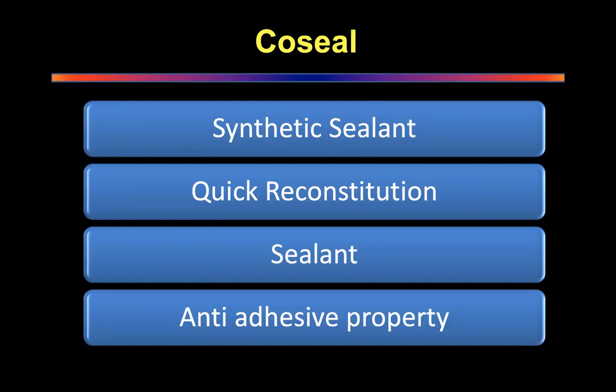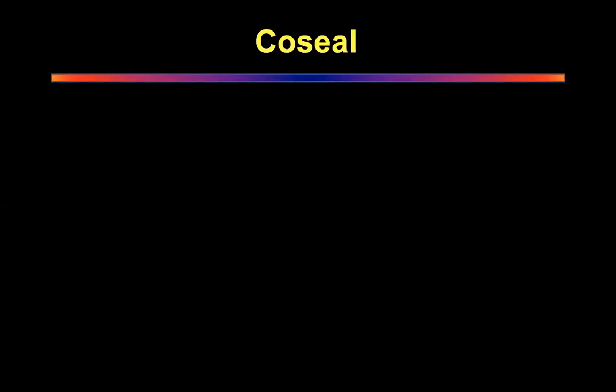But one additional property of Coseal is it has anti-adhesive properties, and that for me is a problem, because many a time I am actually banking on adhesions and pleurodesis for my air leak to stop. So that is what stops me from using Coseal, because if I have sprayed Coseal over a large area, then if there is some leak left behind, that area may not stick to the chest wall, and so that is actually counterproductive for me in choosing a sealant. So it's sort of a catch-22 situation.